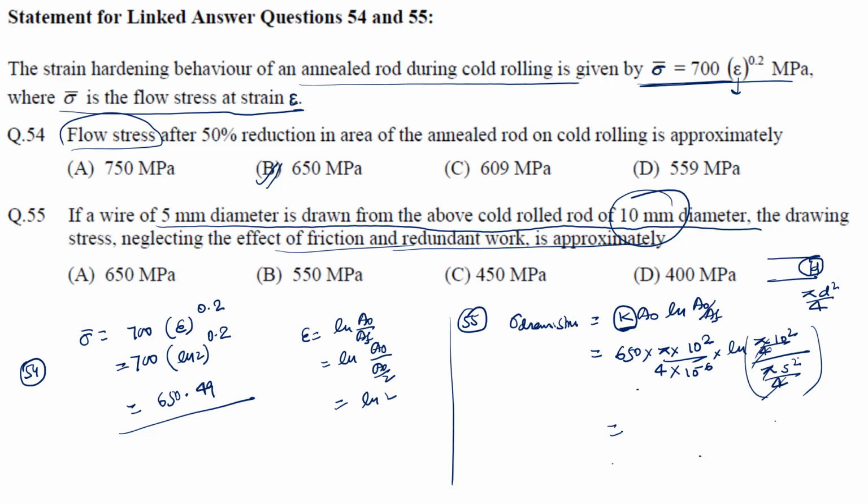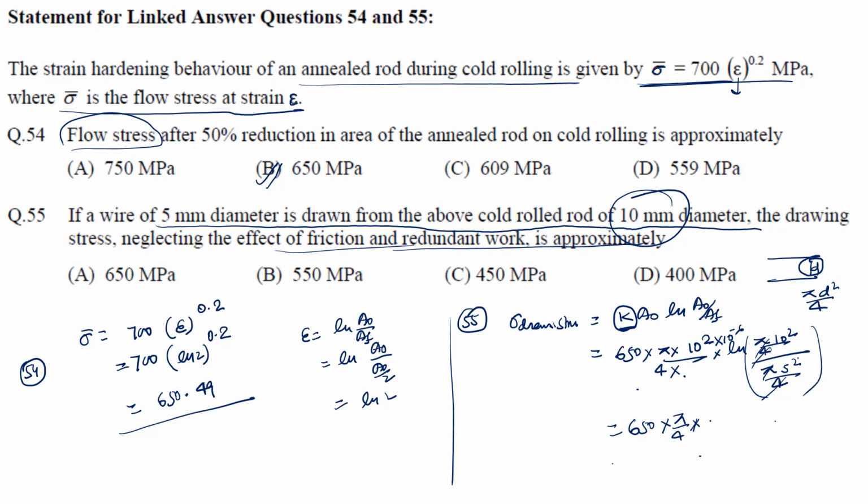Okay, so now it will be like 650 into pi by 4 into 10 power minus 6 in multiplication, right? So there is one mistake, it will be 10 power minus 6.